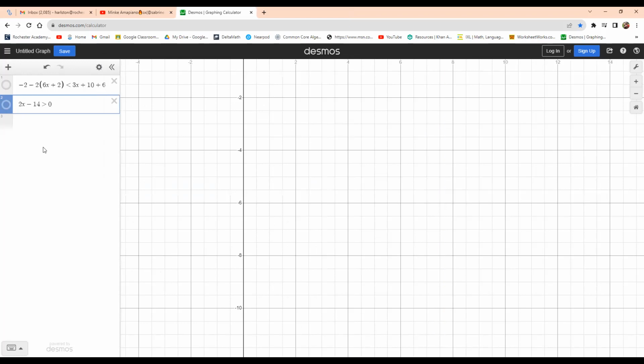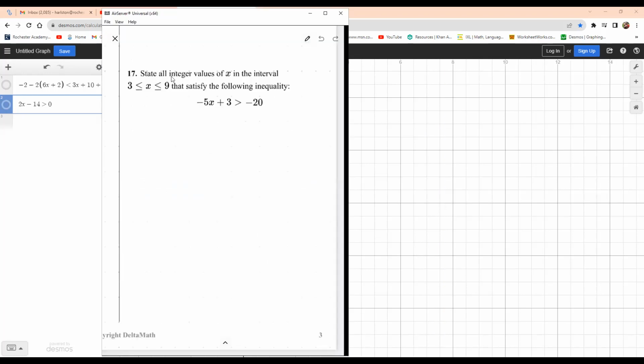Okay, so now, if we look at number 17, it says state all of the integer values of x in the interval between 3 and 9 that satisfy this inequality. So basically what they're saying is, you've got these numbers 3, 4, 5, 6, 7, 8, 9, and which of these integers satisfy this inequality.